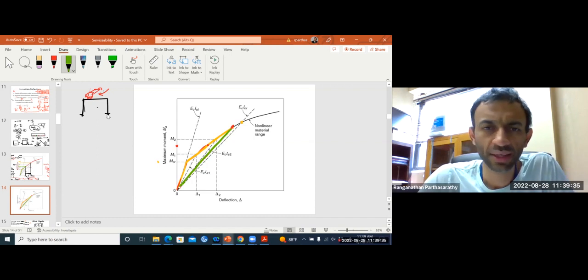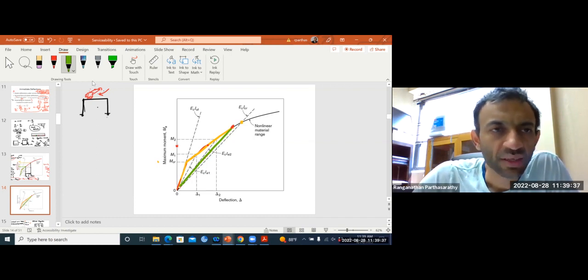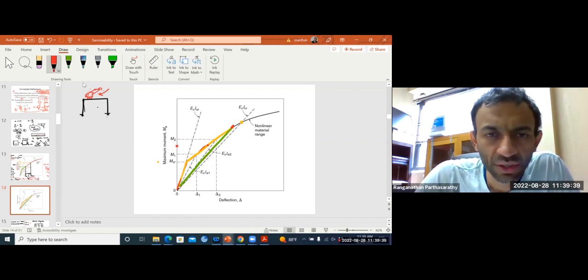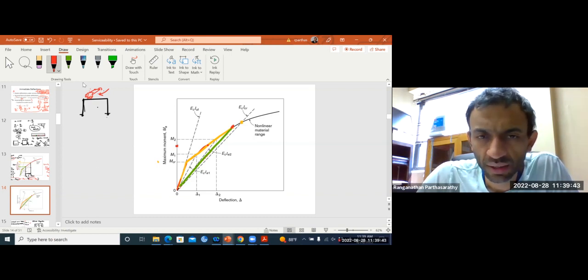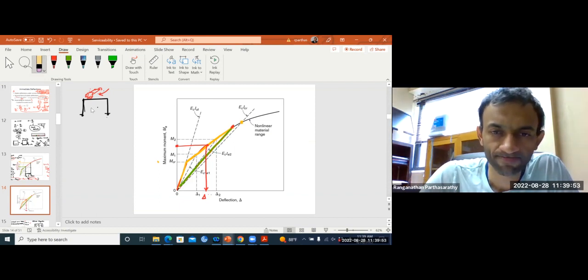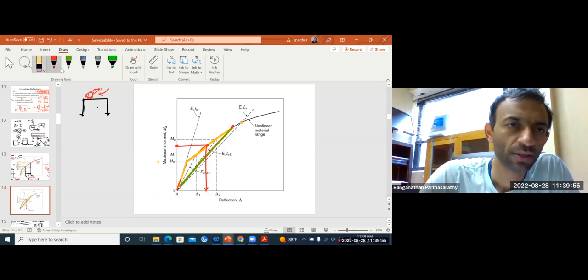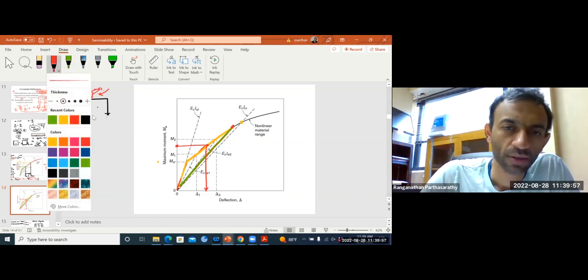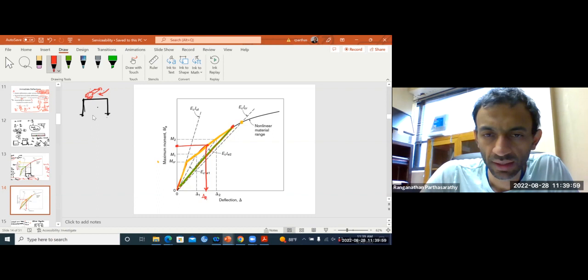So when you apply the dead load, in the previous case this was your moment at dead load, and this was your instantaneous deflection due to dead load, delta Di.